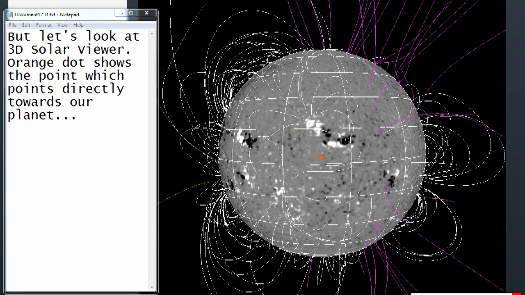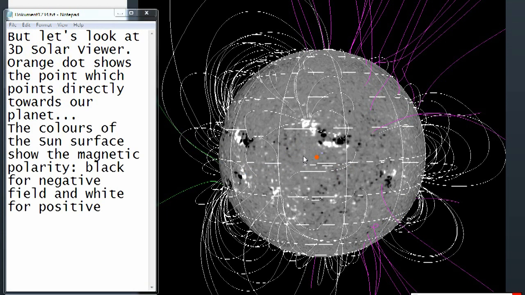But let's look at the 3D Solar Viewer. The orange dot shows the point which points directly towards our planet. The colors on the sun's surface show the magnetic polarity, black for negative field and white for positive.